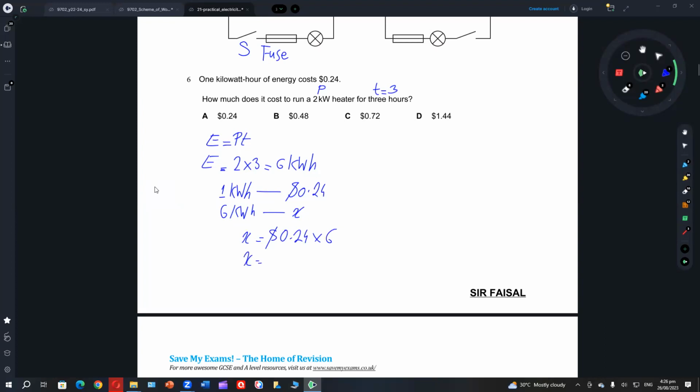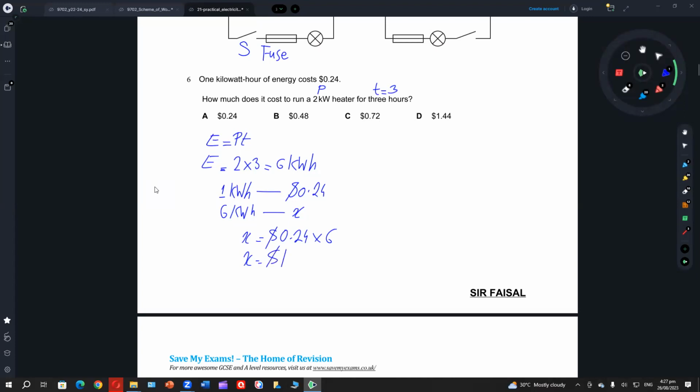So do this calculation, get the answer for me. Please do the calculation. 0.24 into 6. 1.44.